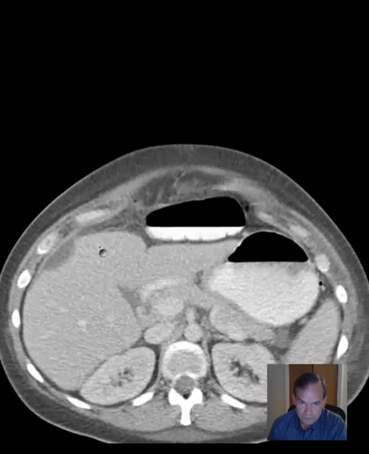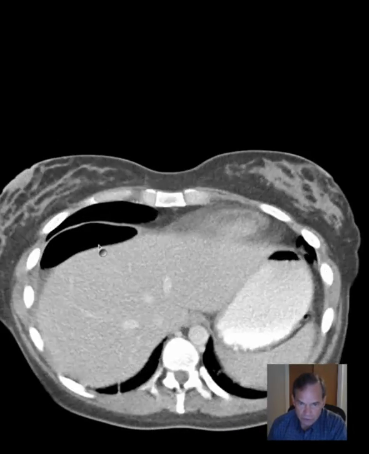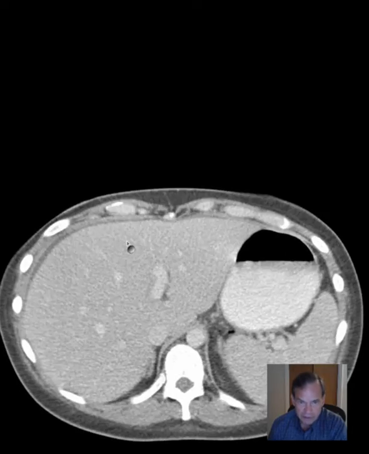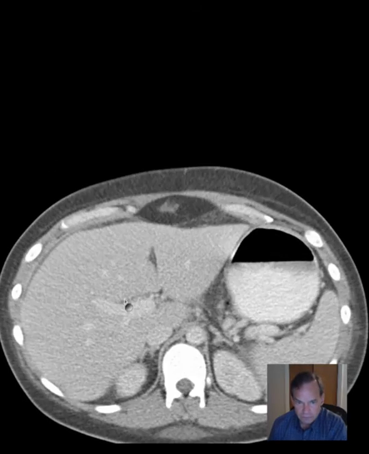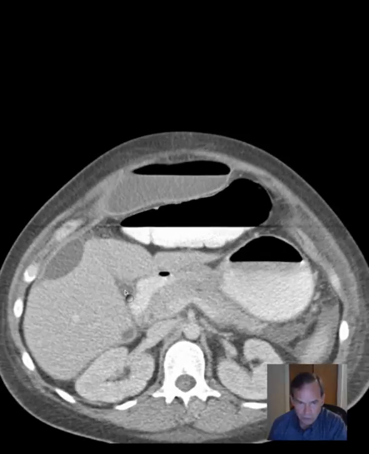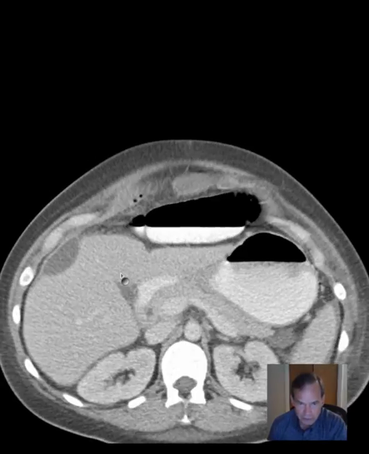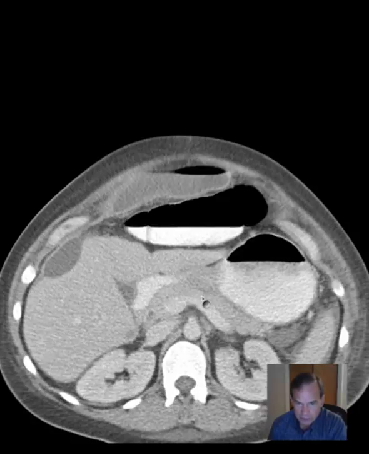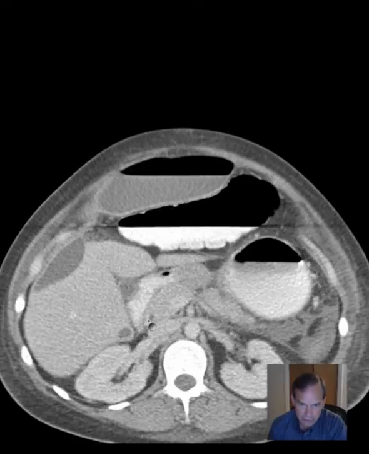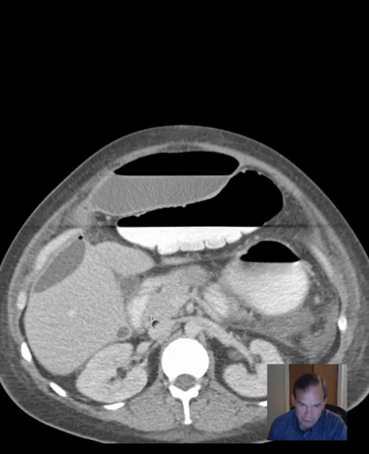And now just to quickly go through the anatomy, here we have the liver with the gallbladder right here. Left lobe of the liver is here. Right lobe of the liver is here. Here's the pancreas, pancreatic head. There's the common bile duct coming through the head of the pancreas going toward the duodenum.